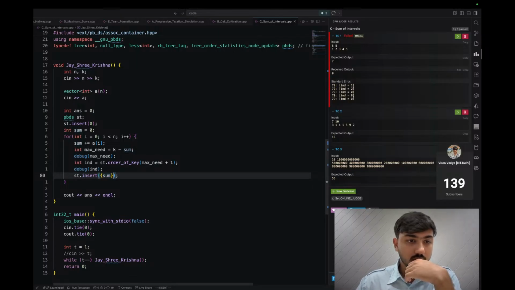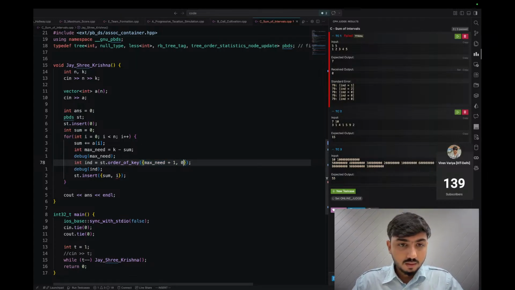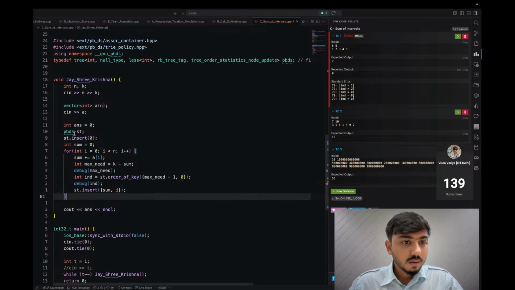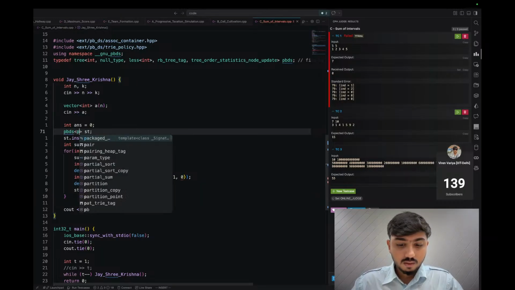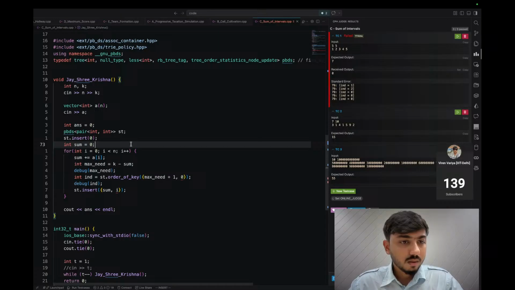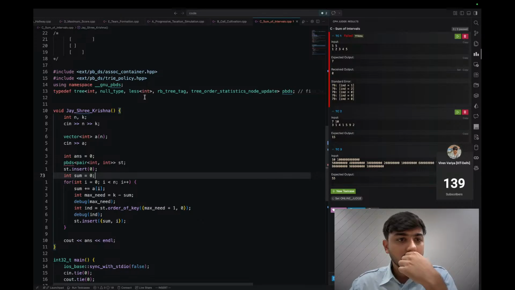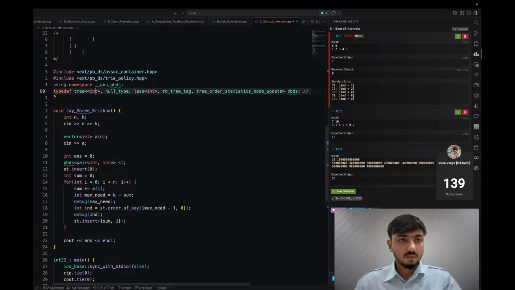Oh, it's a set, right? I have to create a pair. This won't work, right? Here I have to change it.